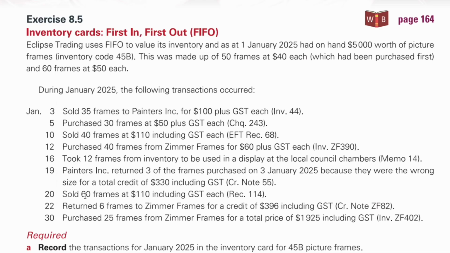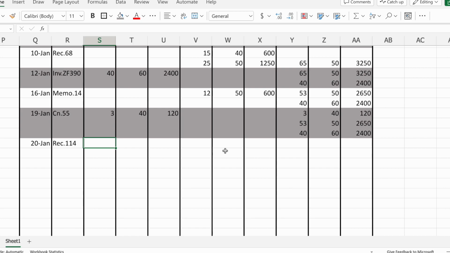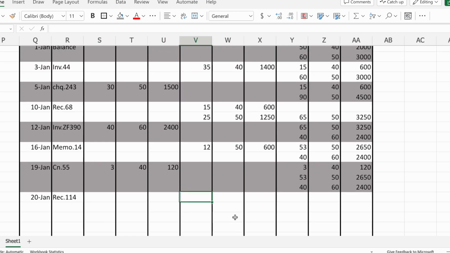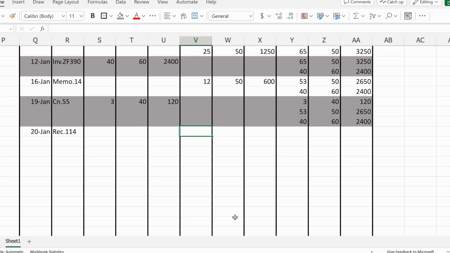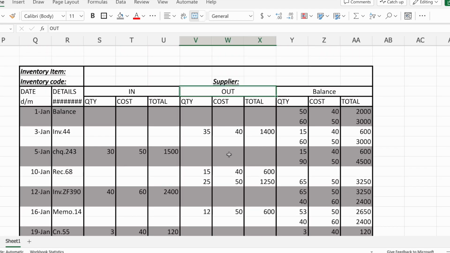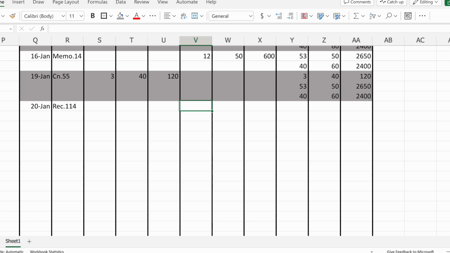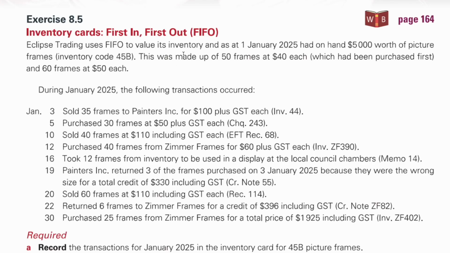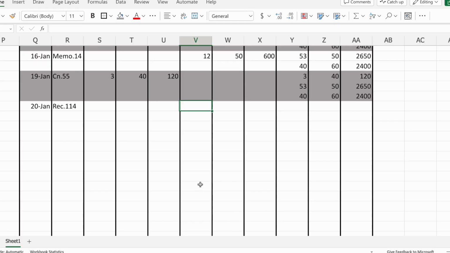So what they said they sold 60. They sold 60 frames. Now, we're using first in, first out, right? So all of the transactions that happened on this date are recorded in the out section because they sold it. They sold 60 frames. So it's going out of the business.